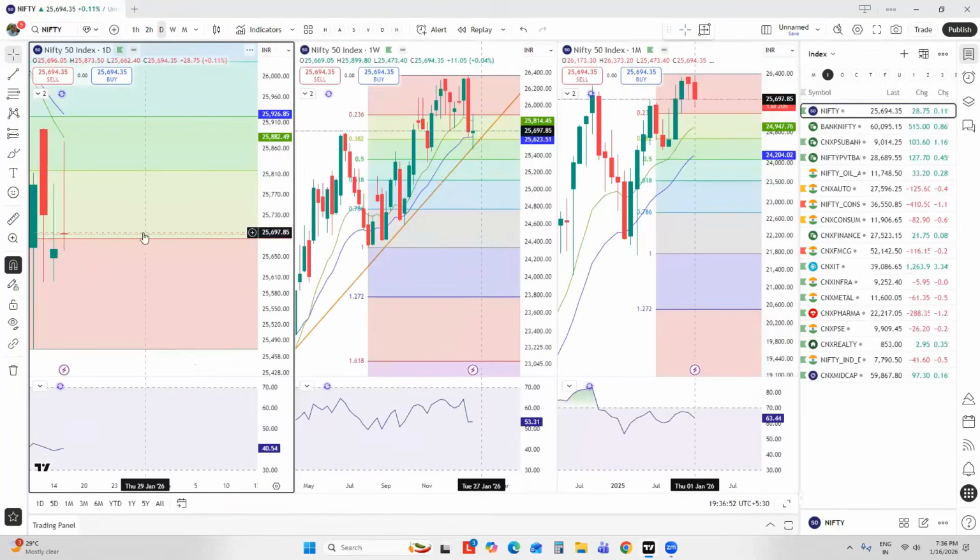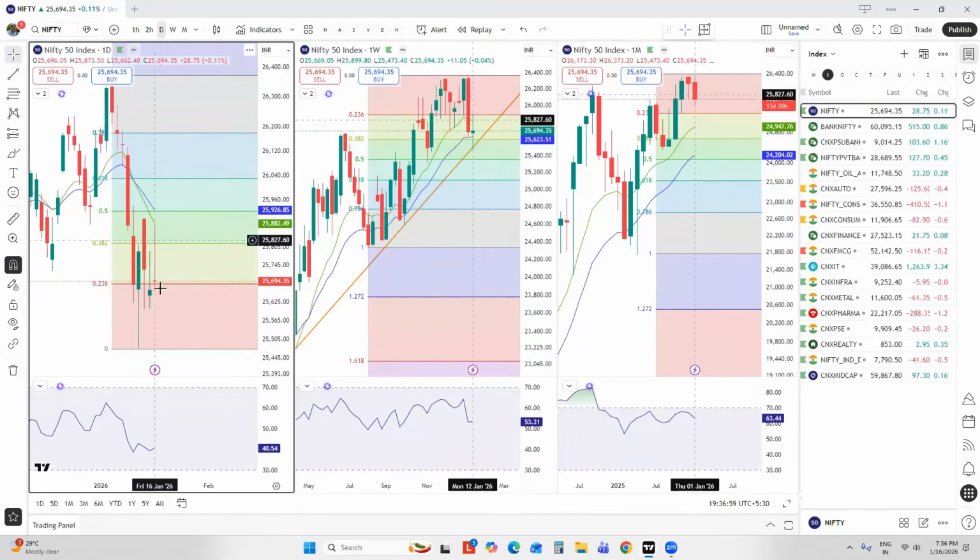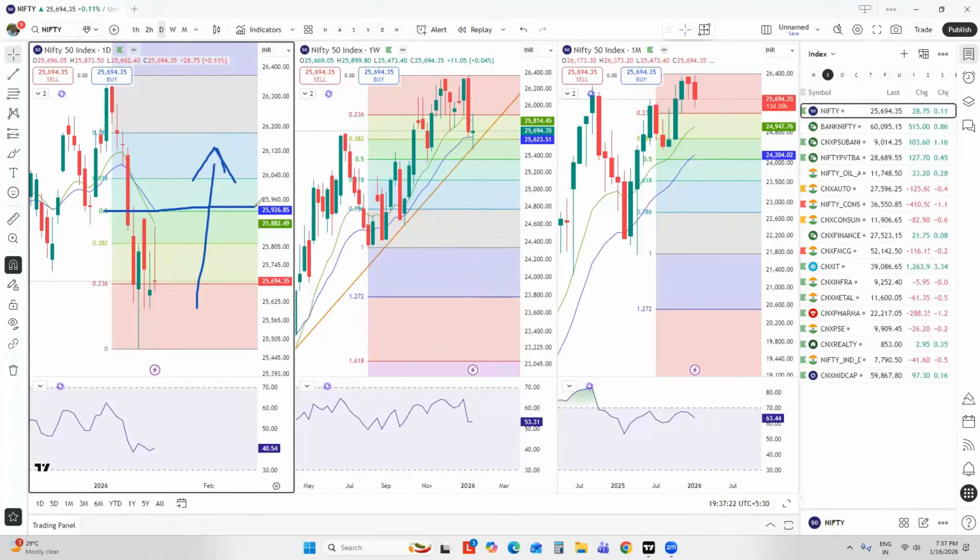The answer is no. But since we do have a support in the weekly time frame chart, that is the reason this particular level, 25,480, 470, is a very, very important level. If Nifty starts trading below this level, then we can have some sort of problem in the markets. And in case Nifty wants to go higher, then the first level which Nifty needs to take out is this 25,900 to 25,950, 960.